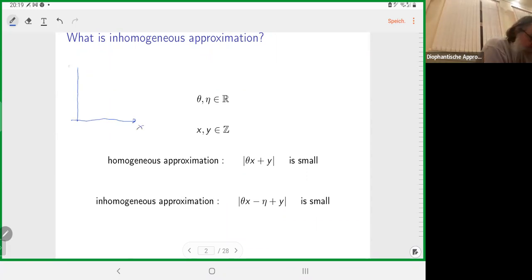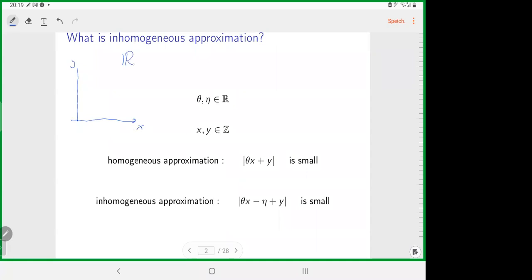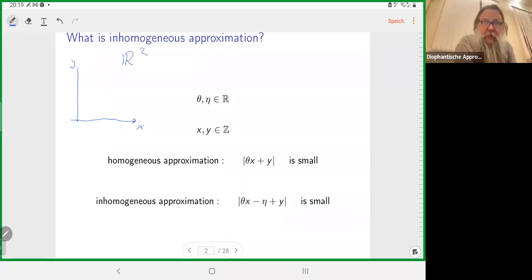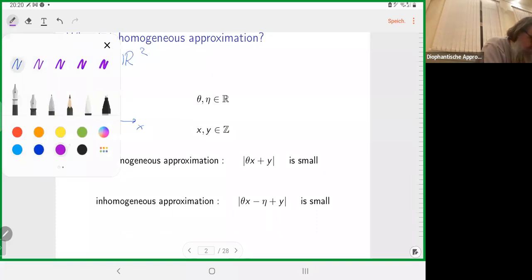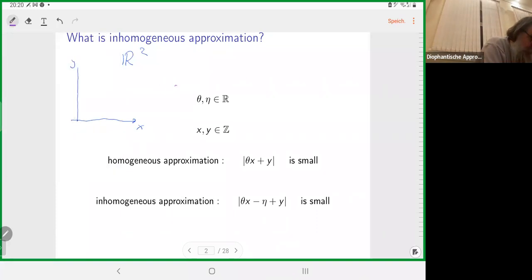Do you see my R2, the plane? To explain homogeneous approximation, I can draw a line through the origin, y equals theta x, and I am interested in finding integer points close to this line.